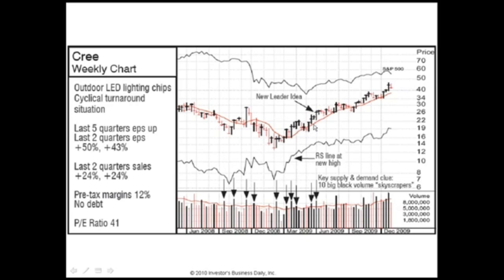I call these 10 black weeks we have there skyscrapers, because if you look at it from a side view, maybe it looks a little bit like skyscrapers, and they're much higher. And all these were, I think, periods where it was higher than the average weekly volume. That's that red line moving through the bottom.